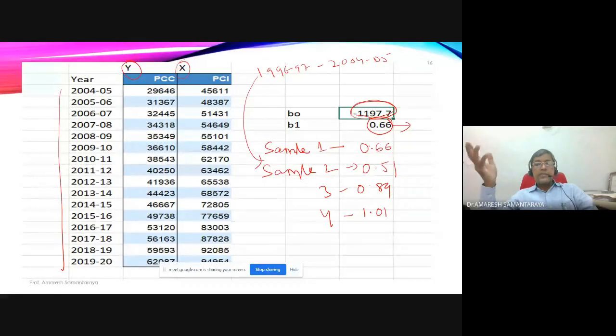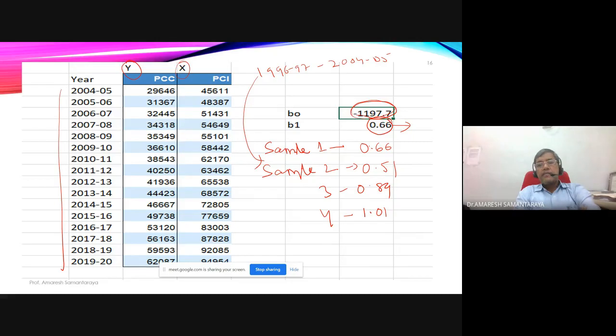Had I chosen sample 3, it could have been some other number like 0.89. Had I chosen sample 4, it could have been 1.01. The important point is that the estimate for b1 which you get depends on which sample you have chosen, right?